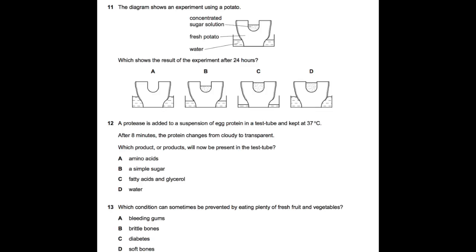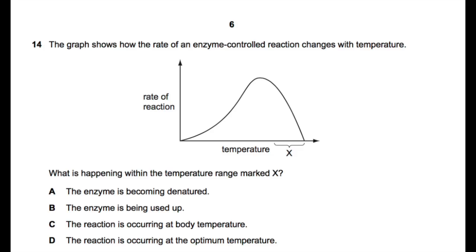It also happens if your family has had a history with diabetes. Soft bones is caused by a vitamin D deficiency. Vitamin D sources include eggs, cheese, mangoes, and spinach. Now the answer is A, bleeding gums. Because to prevent it, you can drink lots of milk, gargle with salt, and have citrus fruit.